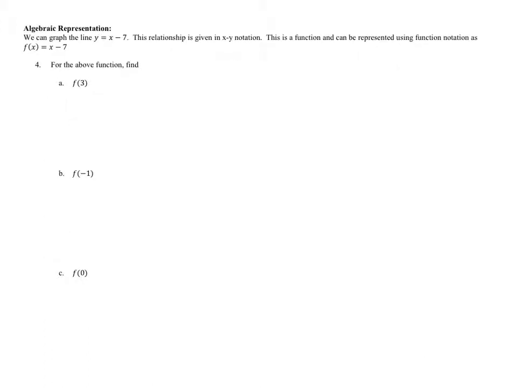Okay, now we have algebraic representations for functions, and I just love this representation. Here's my function value. This says f of x equals x minus 7. And I'm going to try to convince you of the beauty of this notation. So let's look at 4a. This says to put 3 in everywhere I see an x.